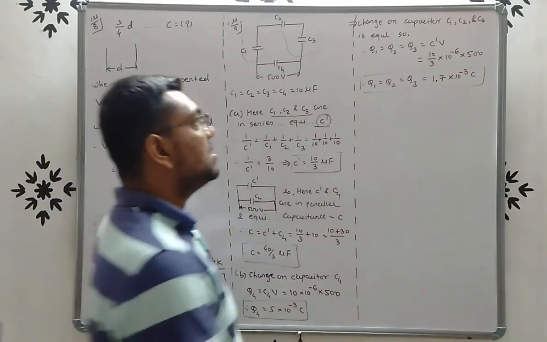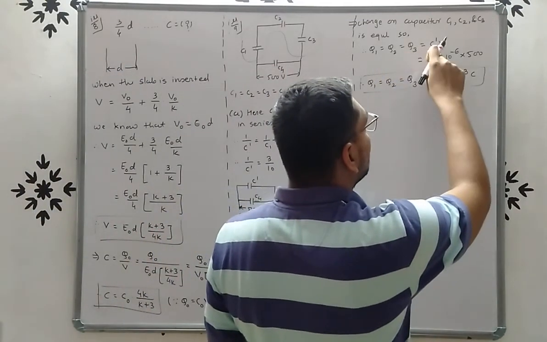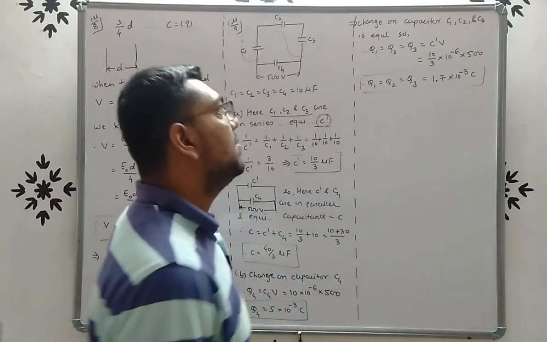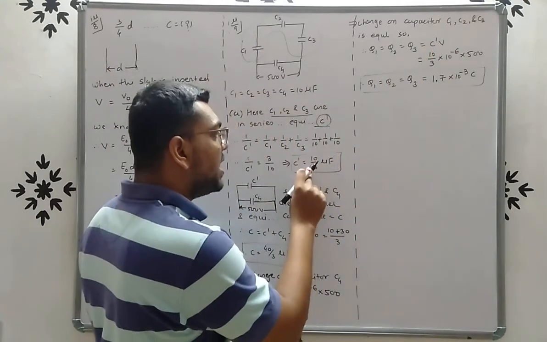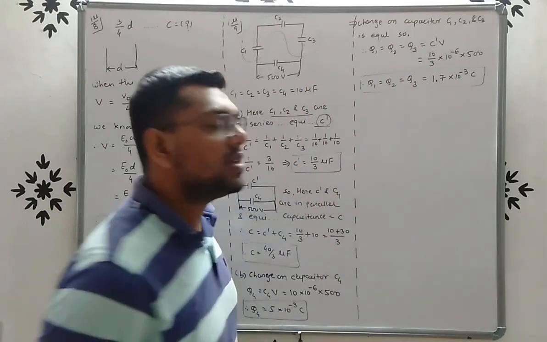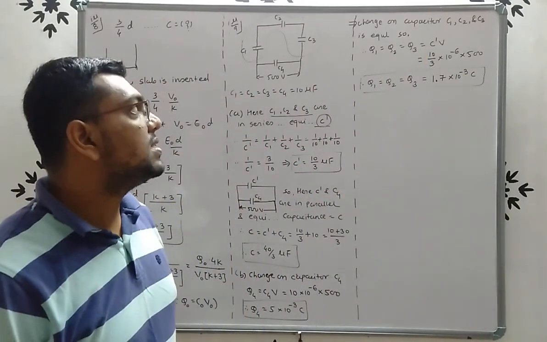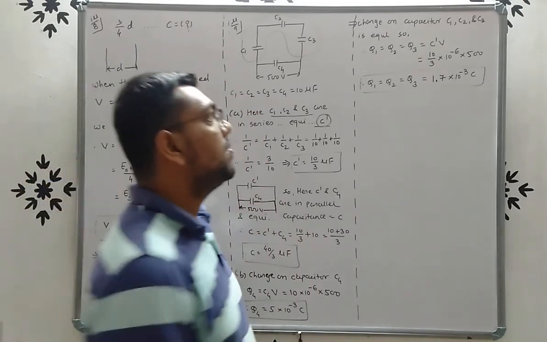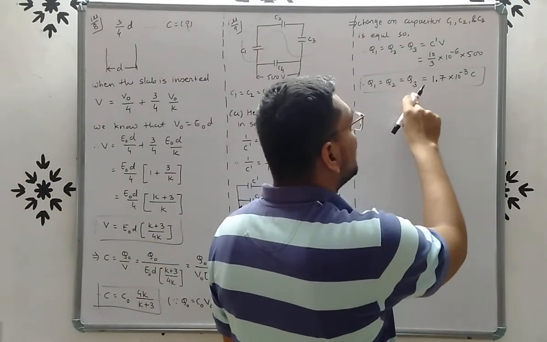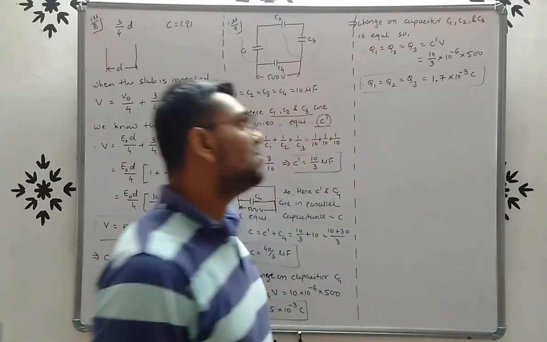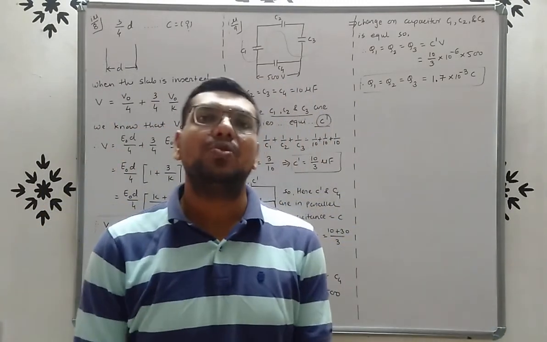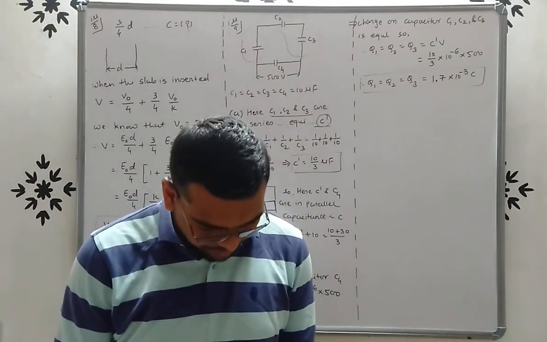So Q1 is equal to Q2 is equal to Q3 is equal to C dash into V. We know the value of C dash, that is 10 by 3 micro, 10 raised to minus 6, value of V 500. So we get charge on capacitors C1, C2 and C3: Q1 is equal to Q2 is equal to Q3, that is 1.7 into 10 raised to minus 3 coulomb.